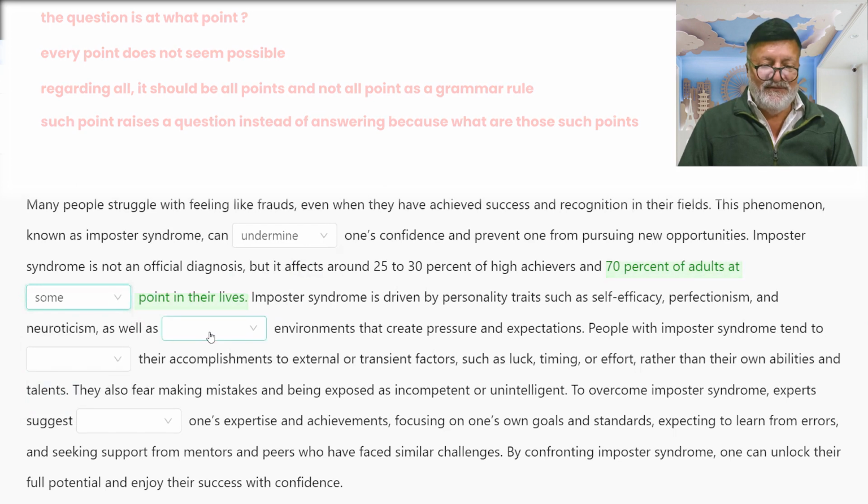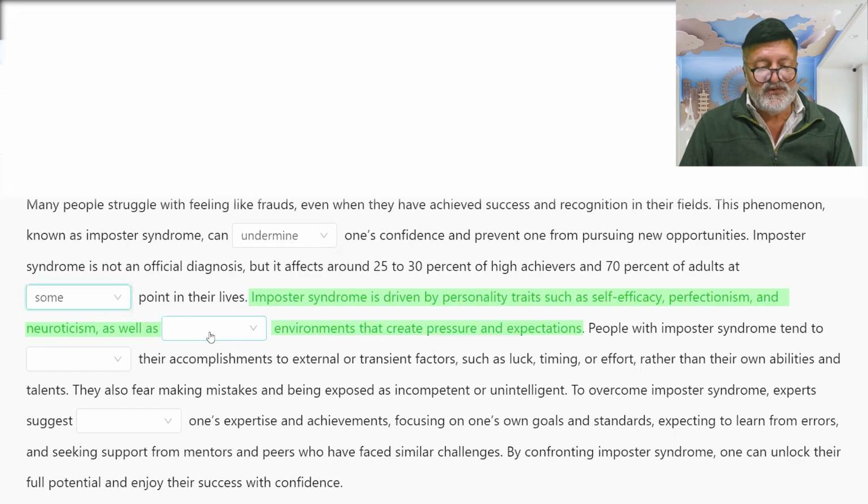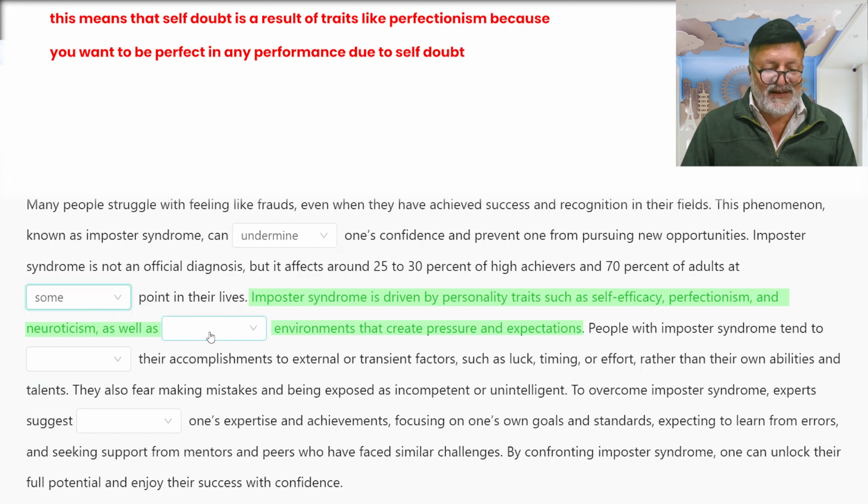For the next blank, we should start reading from imposter syndrome is driven by personality traits such as self-efficacy, perfectionism, and neuroticism, as well as dash environments that create pressure and expectations. This means that self-doubt is the result of traits like perfectionism because you want to be perfect in any performance due to self-doubt.